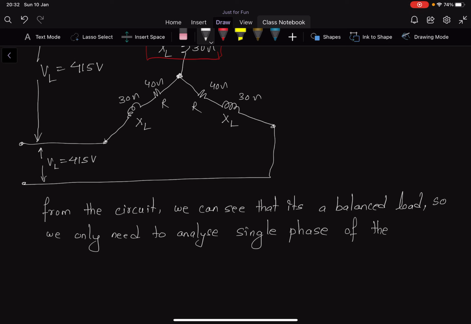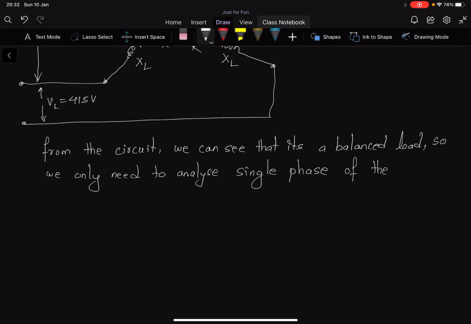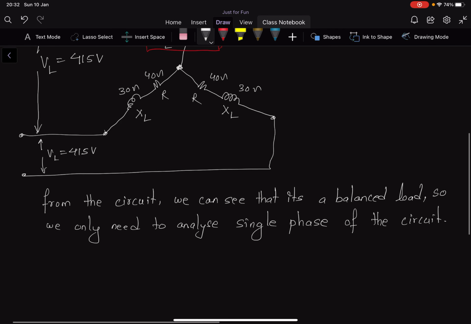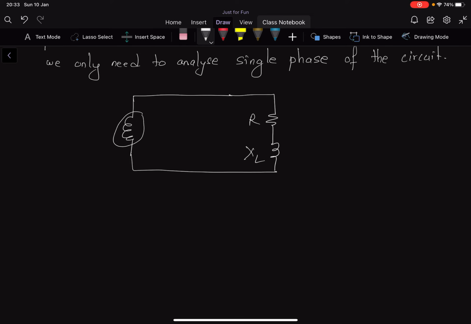So to analyze a single phase of the circuit will be enough. So let's draw a single phase of this three-phase supply. We take our source, and then we have a single phase which is resistor and inductive reactance, XL, and then R. The value of R is 40 ohm, and XL is 30 ohm.